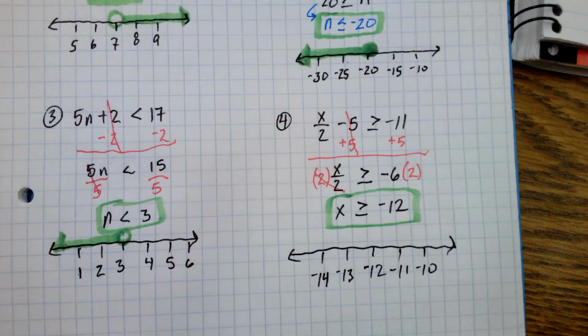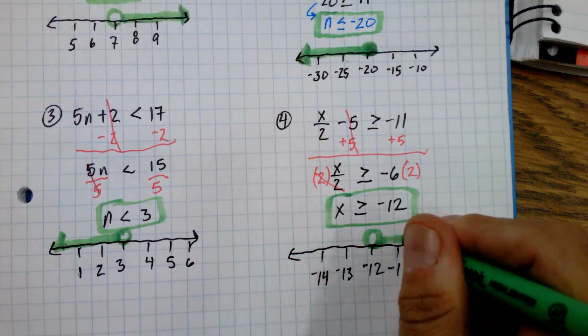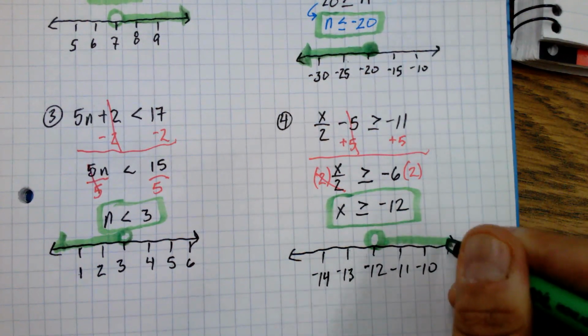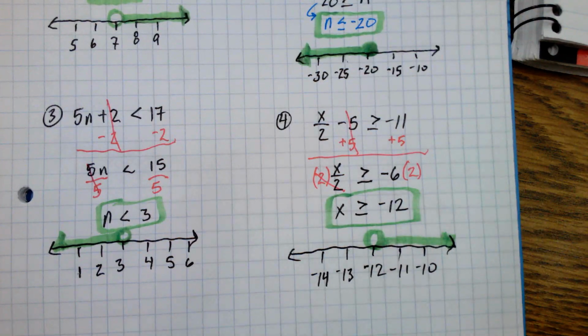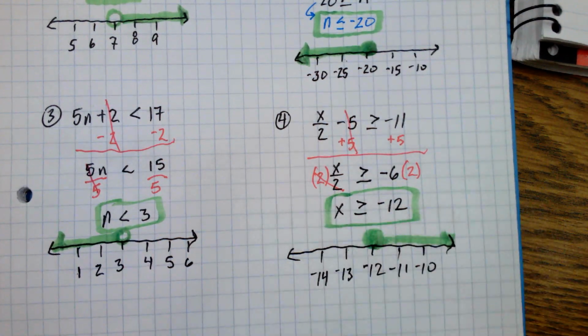And we want an open point, right? Is that correct? No, we did a closed point. A closed point, yeah. It's got to be a closed point because negative 12 is part of the answer. It's negative 12 and bigger. Okay.